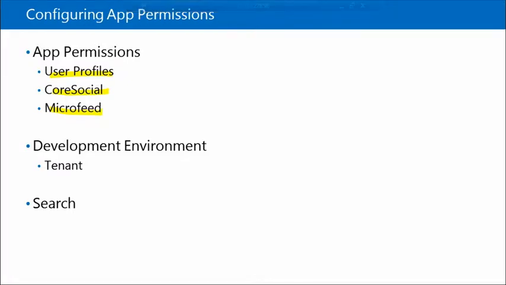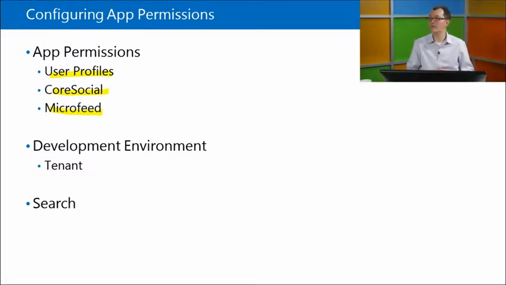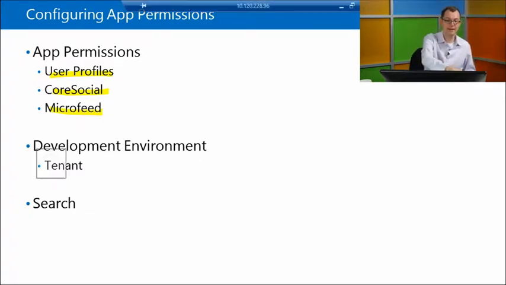Now, when you're doing app development, there's a specific permission that you can use during the development that is required if you're not deploying your social app to an app catalog. We've talked previously about app catalogs. So this is kind of a shortcut, and that is specifically the tenant permission right here.